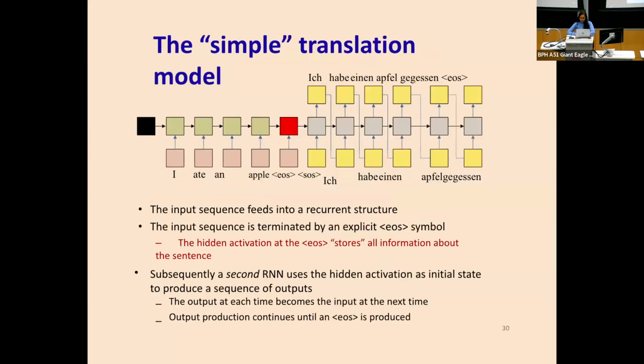So coming to the simple translation model, just to make it more clear, this is how our architecture will look. You'll start off with an initial hidden state, and you pass your English inputs one by one to the encoder. The red block here will contain the entire hidden representation of the entire input sequence.